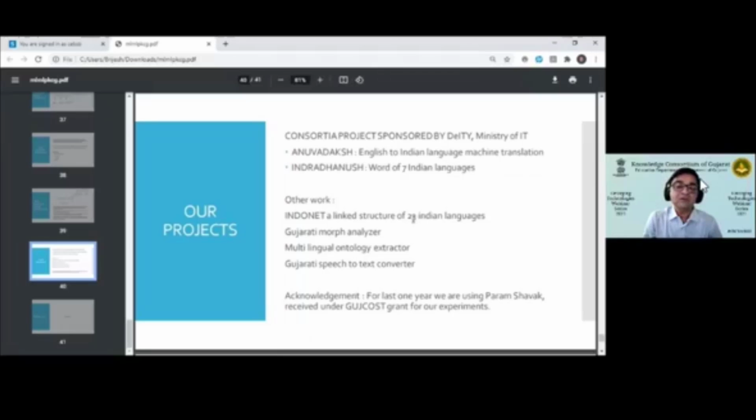Again, it was a consortia project headed by IIT Bombay. Apart from that, we have also done other works like IndoNet, a link structure of 23 Indian languages. Then we also developed a Gujarati Morph Analyzer, multilingual ontology extractors, and Gujarati speech-to-text conversion. We have recently done this speech-to-text conversion, and it was also published recently in a conference called the International Conference on Natural Language Processing in December 2020.